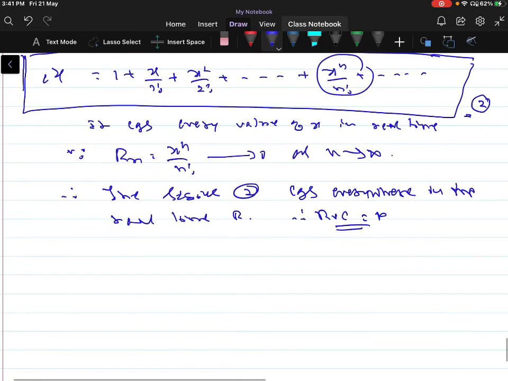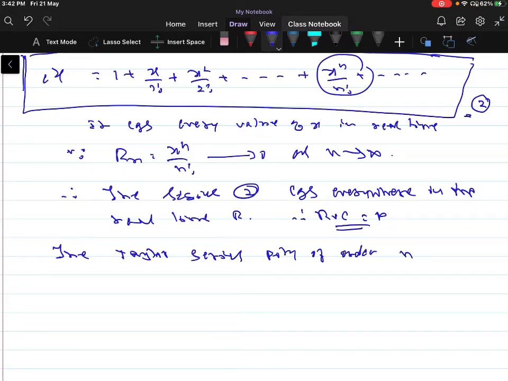So now we can write the Taylor series polynomial of order n. The Taylor series, or we call it the Maclaurin series, polynomial of order n at x equal to 0 is written as Pn of x equal to 1 plus x plus x square by 2 factorial plus and so on plus x power n by n factorial.